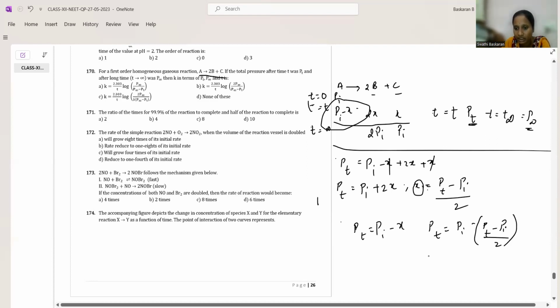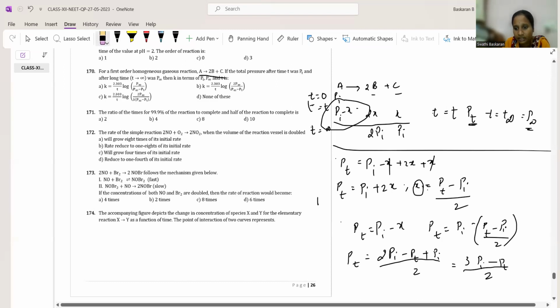Take the LCM for both, then it will become 2 Pi minus Pt plus Pi, because minus of minus becomes plus Pi, divided by 2. So hence this will be equal to 3 Pi minus Pt, divided by 2. Okay, I'll rewrite because there is a little overlapping. I will write it neatly.